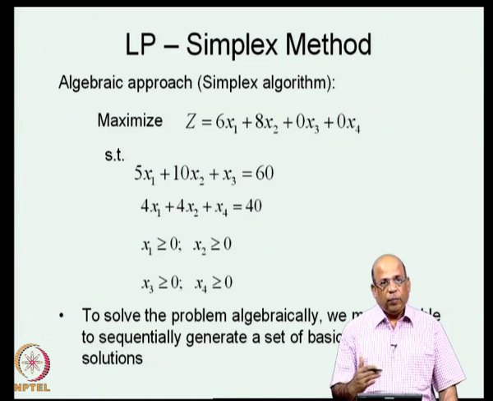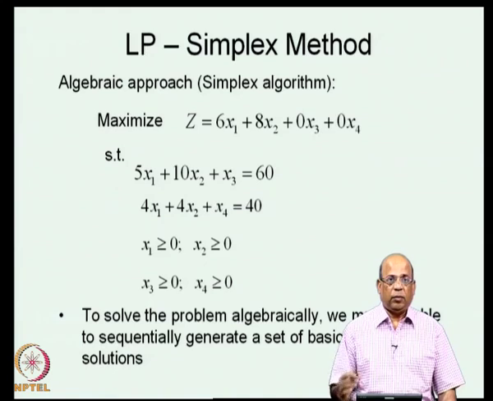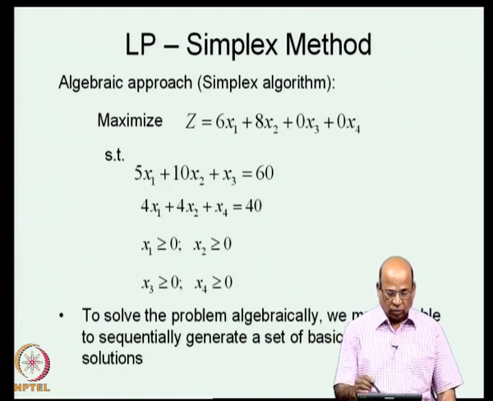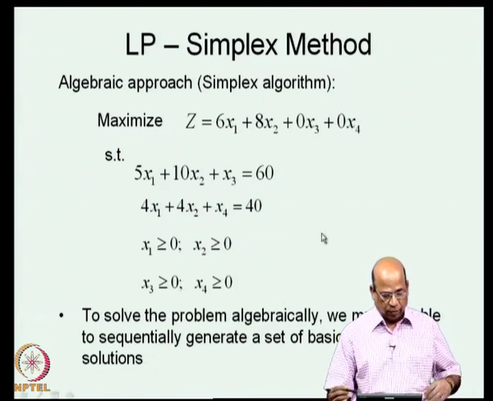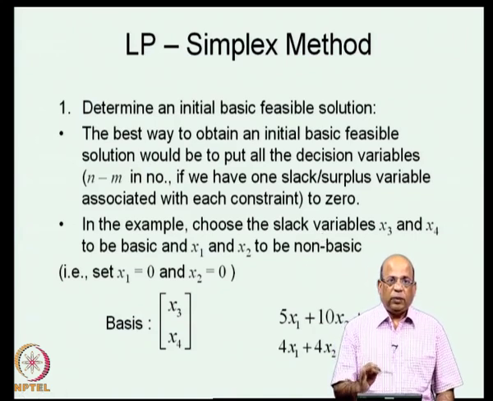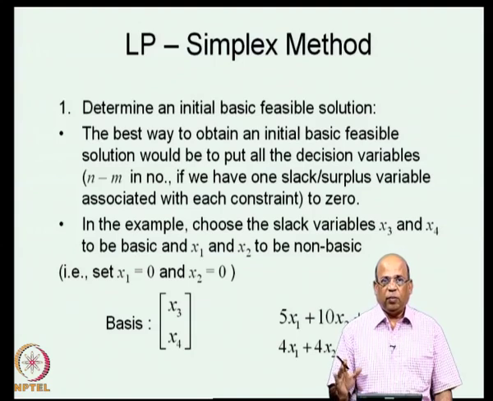So, we must be able to sequentially generate solutions now. Start with the initial basic feasible solution and then move to the next basic feasible solution. So, let us see how we do this on this problem. The first step is to determine an initial basic feasible solution.